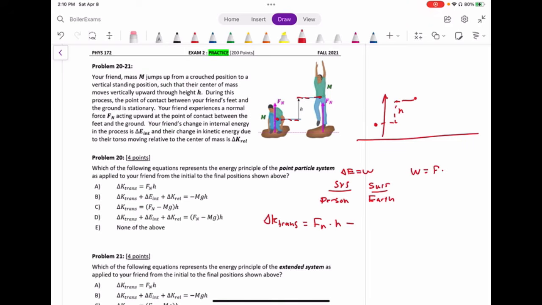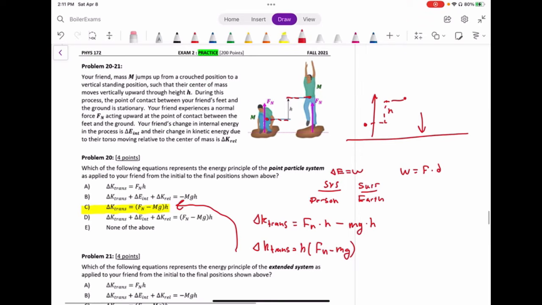Also work equals force dot distance. Gravity is pointing down the whole time, so that's going to be negative work. You're going to have negative mg, which is the force of gravity, times the displacement again, which is h. So delta k trans equals, you can pull out an h, normal force minus the gravitational force, which looks like c, which, let's see, is true.